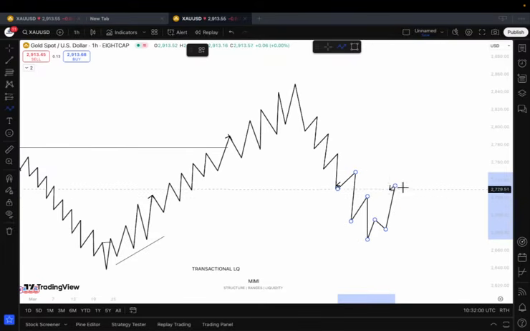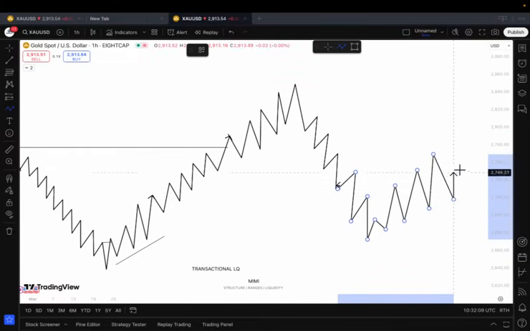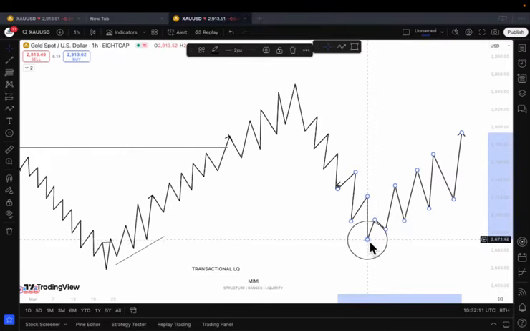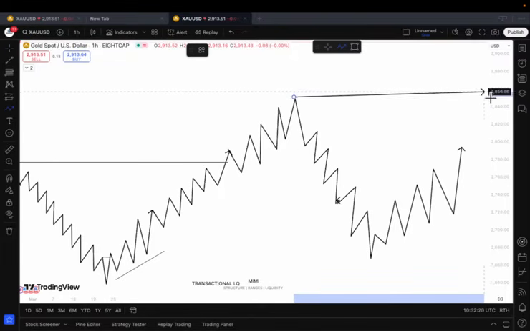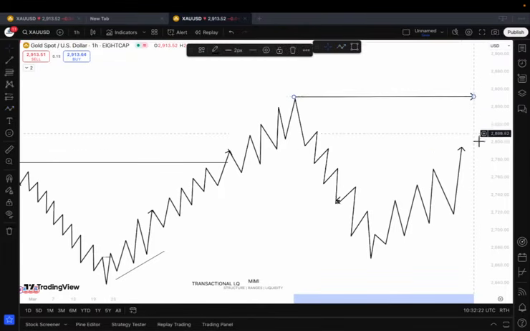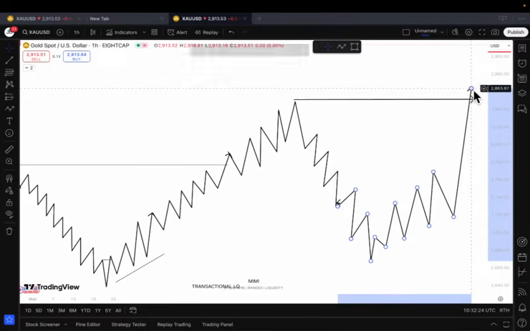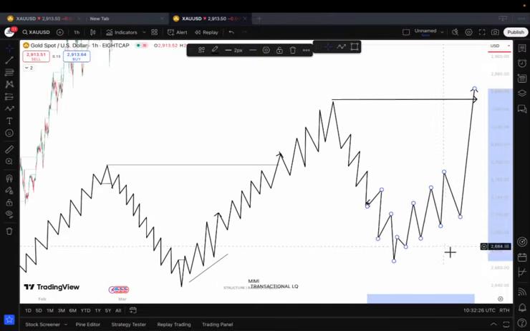If it takes out that external high, what happens next? It should just create 3 externals, 1 2 3. If that happens, this becomes the new recent range low, and this is still the range high. And if this range high gets taken out, we have a new very strong range low, which is this guy.